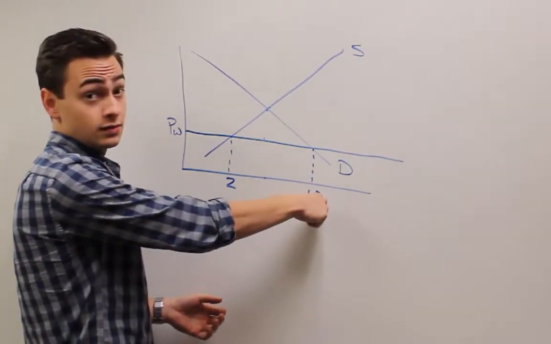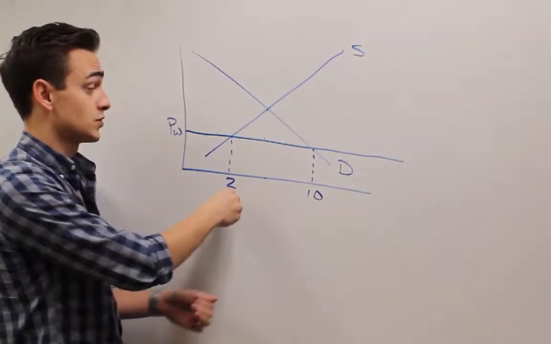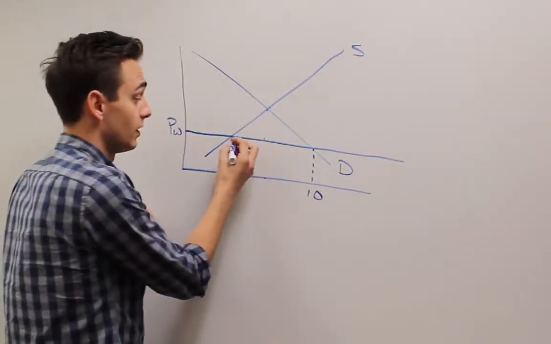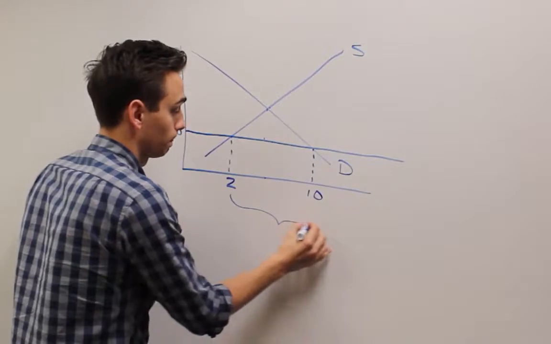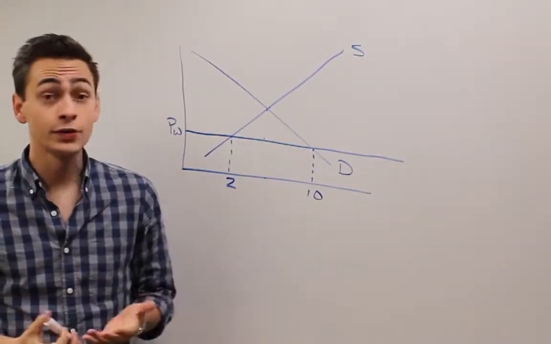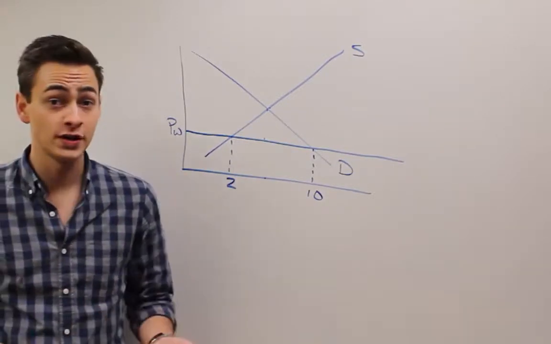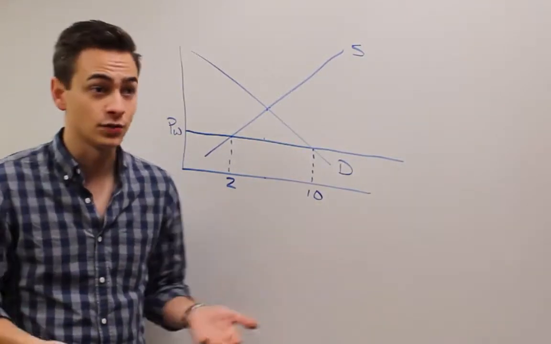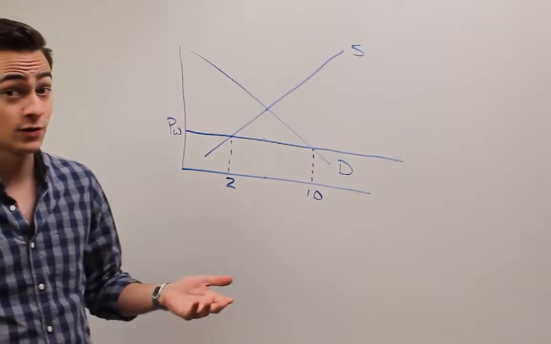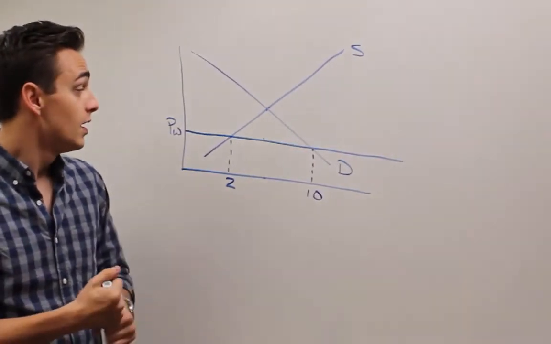Consumers consume 10, producers produce 2, so that means that they import this quantity. So this is the new equilibrium for this domestic country under free trade. Like I said, notation and terms are going to be different across professors.